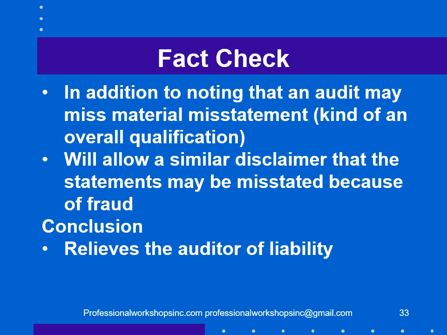It says we might have done that, so we told you already. So this is now suggesting similar disclaimers that the statements may be misstated because of fraud. The only thing this does is relieve the auditor of liability, though I guess you have to be careful to toss in lots of observations about how the financial statements could be materially misstated because of fraud and why you might have missed it and what you did, but it still could be there.